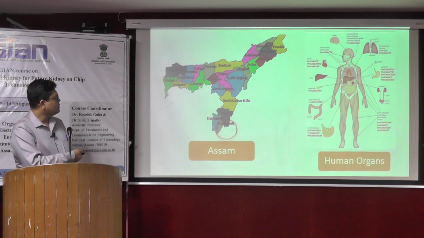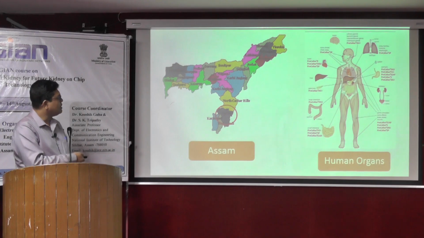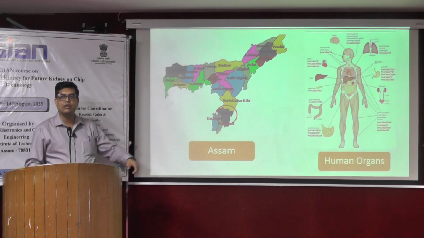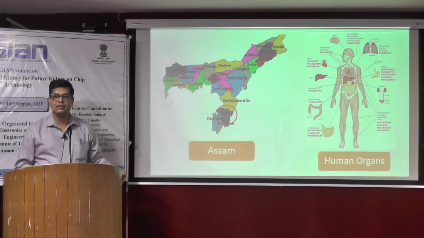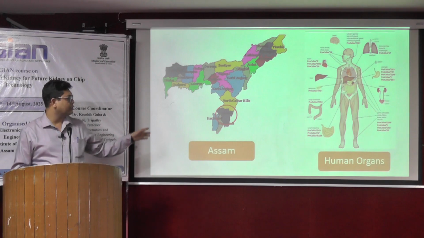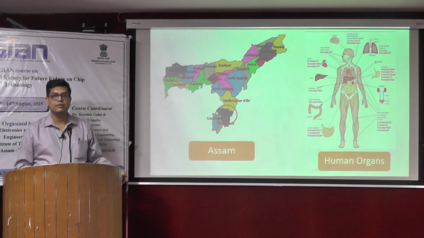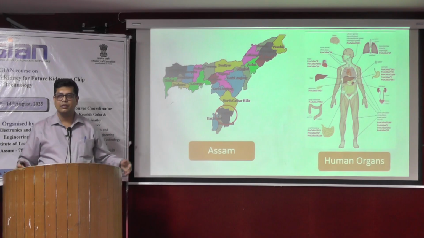Now, where is Kachar in Assam? Kachar is in the southern part of Assam. Again, the area of Kachar is very small compared to the area of the whole state, because Assam is a much bigger state.